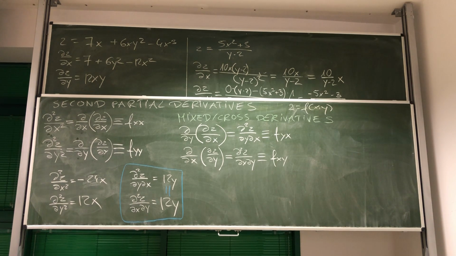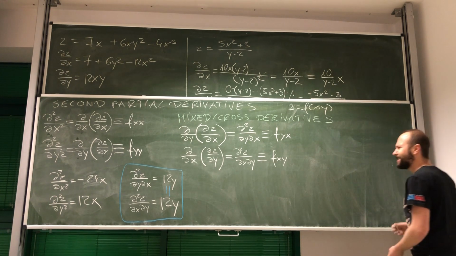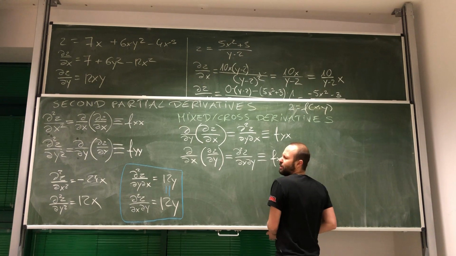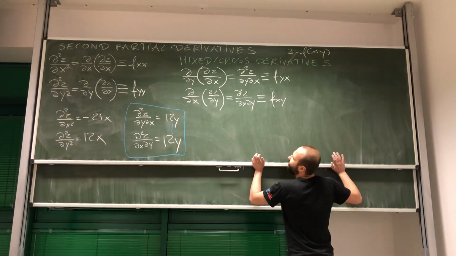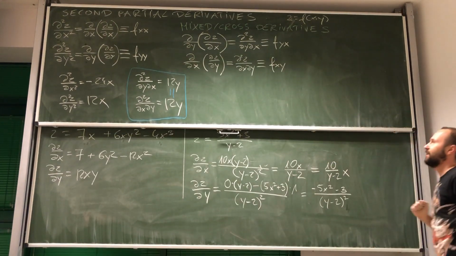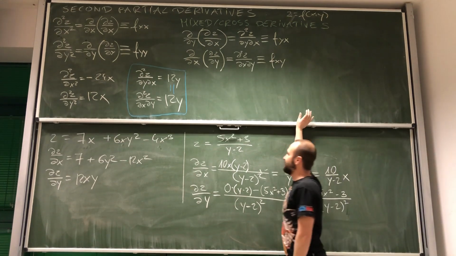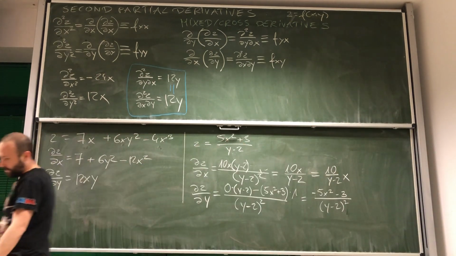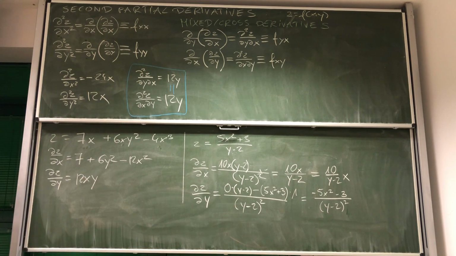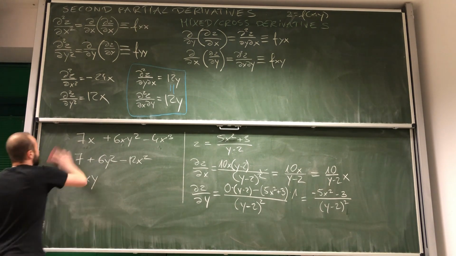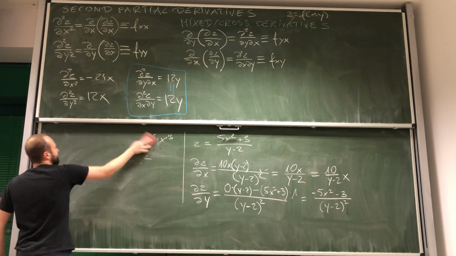Well, of course, coincidences are something that happen, right? But in mathematics, it's something that happens very rarely. And if we've got those two derivatives equal to one another, maybe this is a rule. And actually, it is a rule. This rule is called Young's theorem.